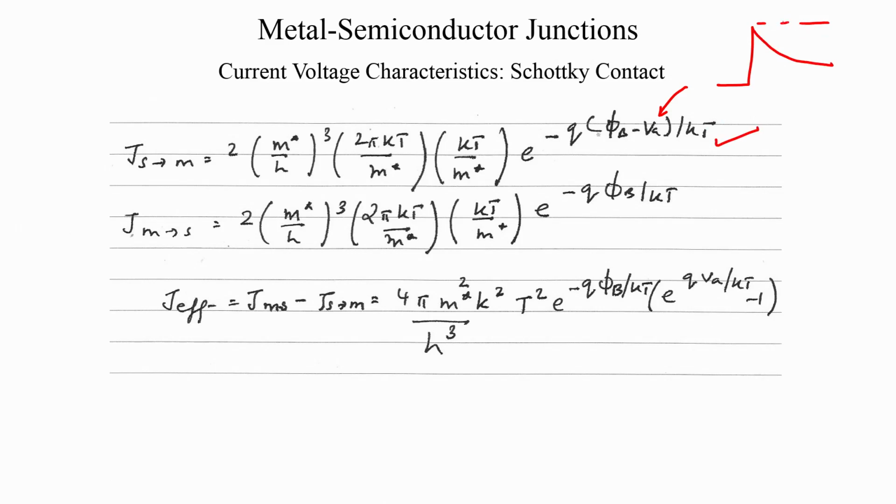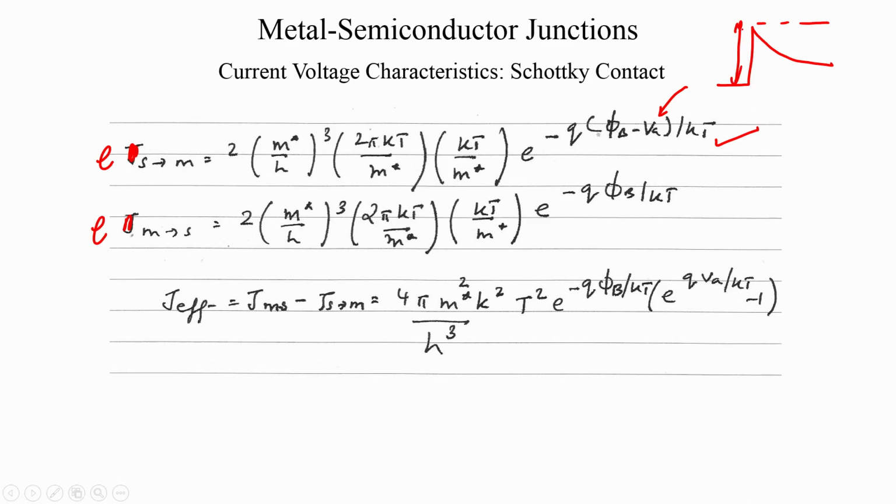and therefore, I should say that this is the electron flux. So, the electron flux from the semiconductor to the metal depends upon Va, and the electron flux from the metal to the semiconductor does not depend on Va because of this barrier height.